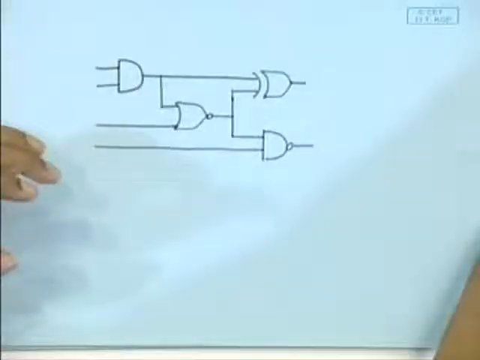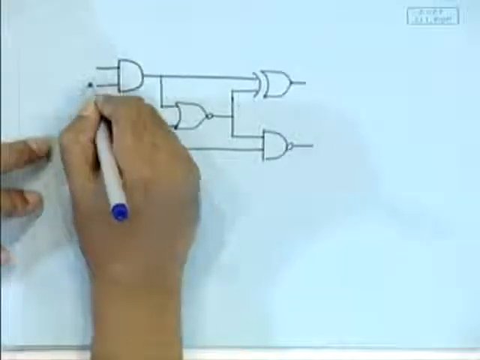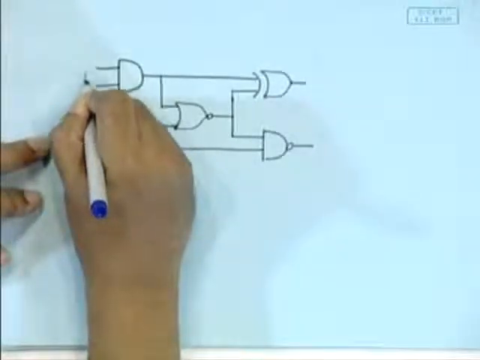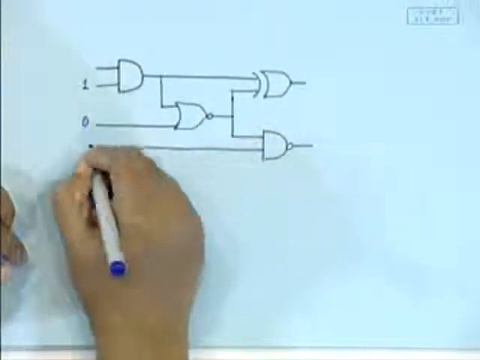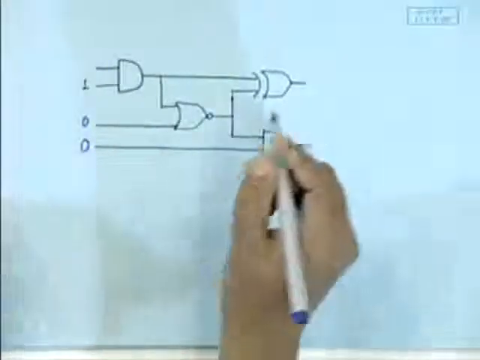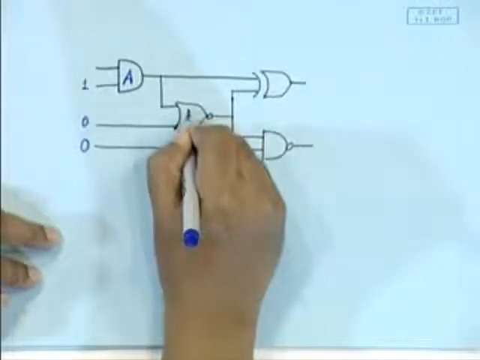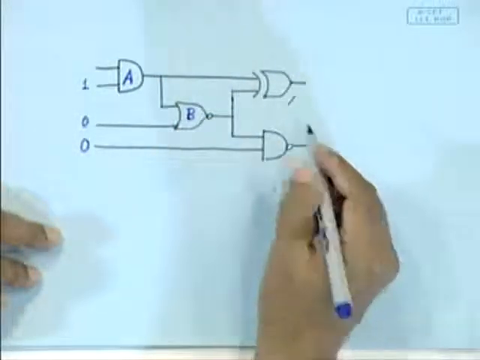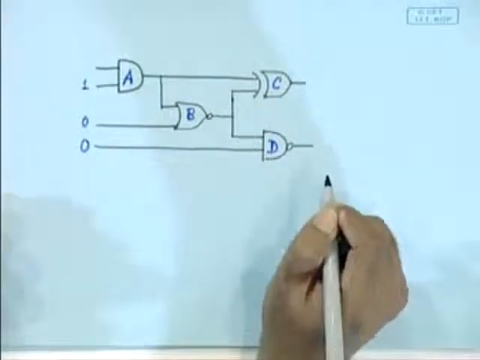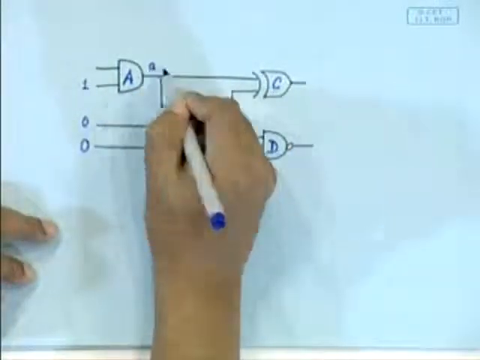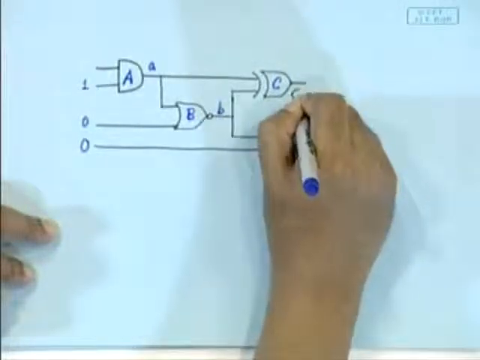So this is the circuit, and the current values are like this: suppose at this point of time this is 1, this is at 0, this is also at 0, and let us name these gates. So let us call this A, B is a NOR gate, C is an XOR gate, and D is an AND gate, and let us name these nets as A, B, C, D.